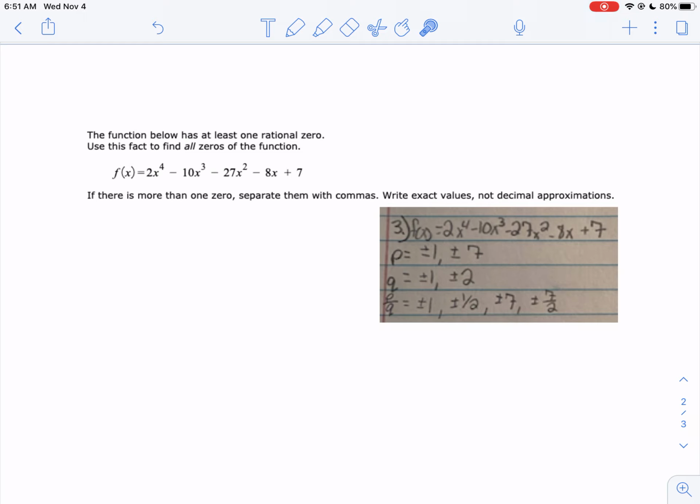And like I said, that's what I had to do 30 years ago, 50 years ago, in the land before time. However, I think it's a lot easier if you would just graph this. So let's graph this to start with so we can eliminate some of our possible roots.